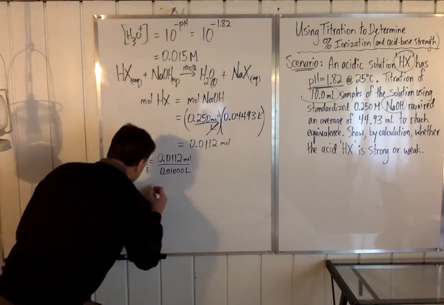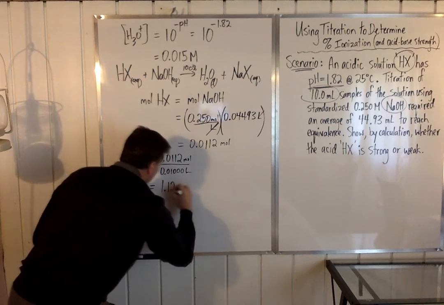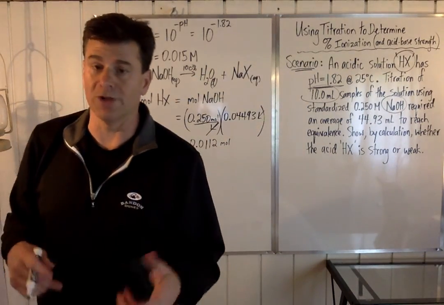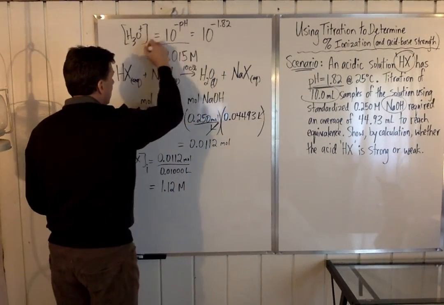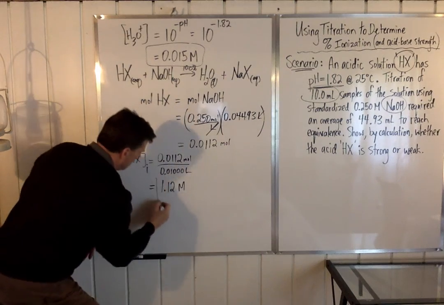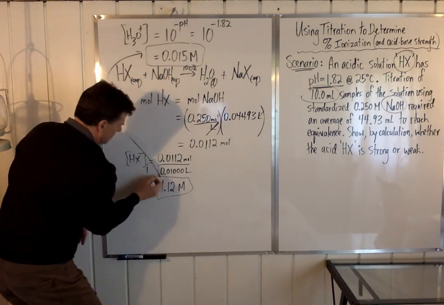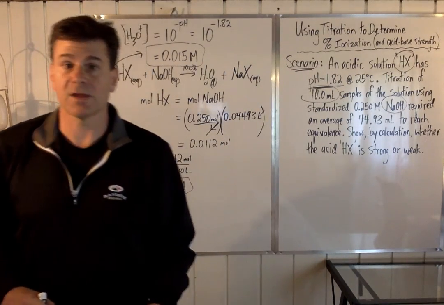So that equals, move the decimal over 2 places, 1.12 molar. So the concentration of HX is 1.12 molar. Now, in your head, you should be taking this number right here and this number right here, and you should be comparing those two numbers, okay?